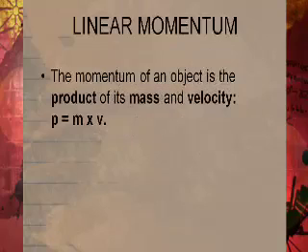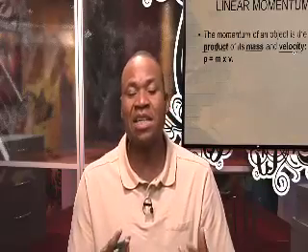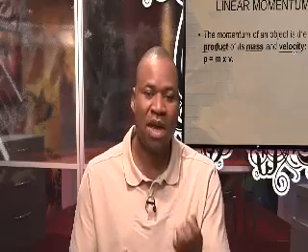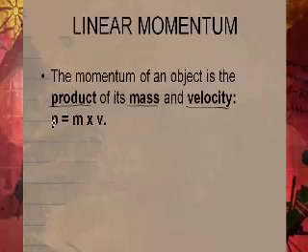Now quickly, let's talk momentum. Momentum is the product of mass and velocity. When we talk product, we mean that things are multiplying each other. Product is an answer we get when we multiply. So mass multiplies velocity to give us momentum. Momentum is symbolized by small letter p, so p equals mass times velocity.